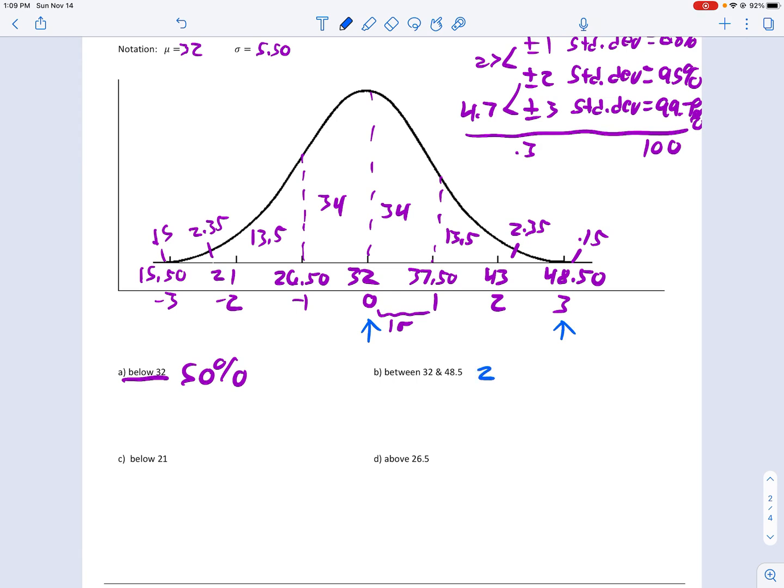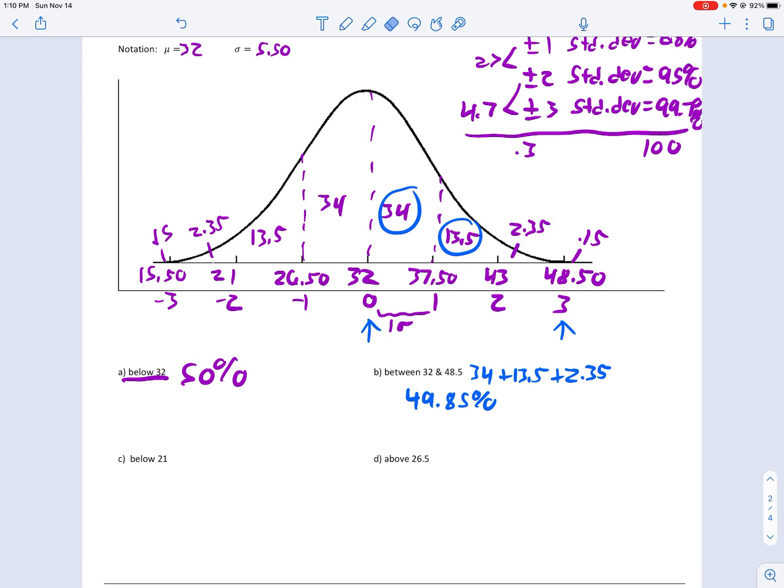So that's going to be 34 plus 13.5% plus 2.35. I'm adding up these 3 numbers because those are the 3 percentages between 32 and 48.50. Add those 3 up, and you're going to get 49.85%.